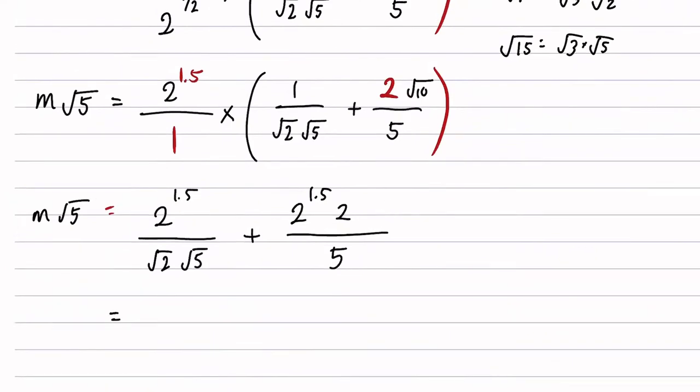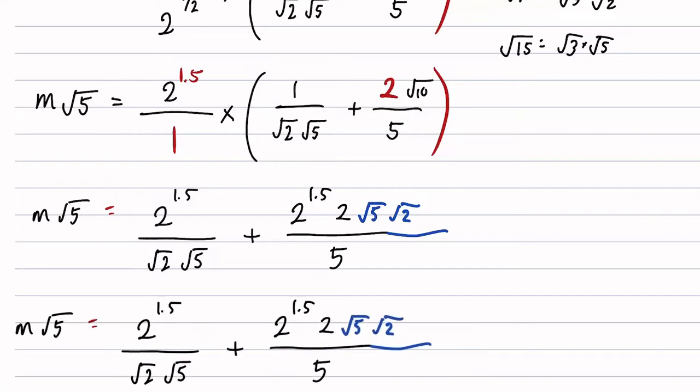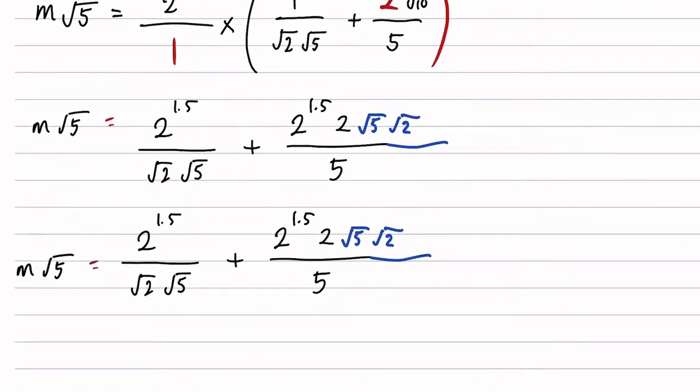Then I will divide by square root 5 throughout, which means I introduce a square root 5 in each denominator. Does it make sense?